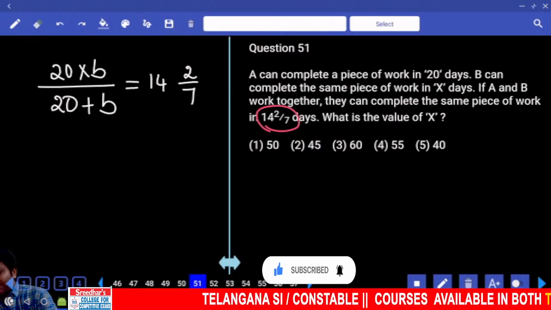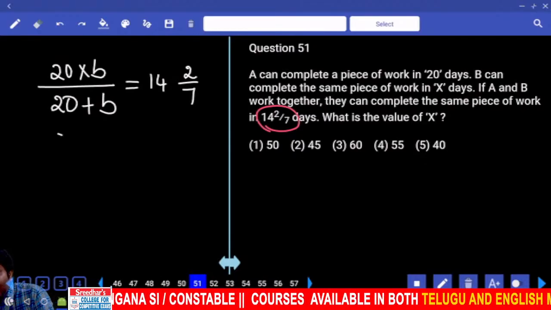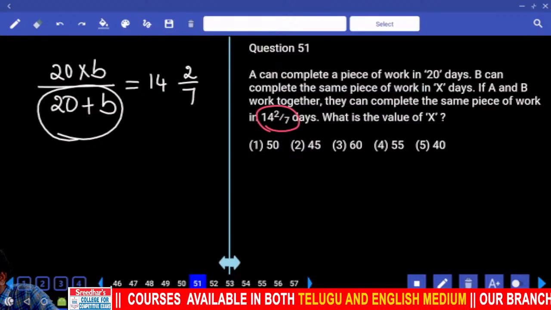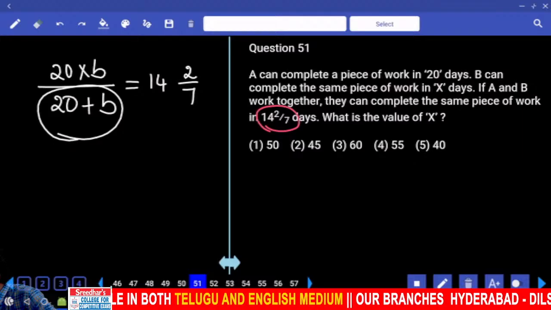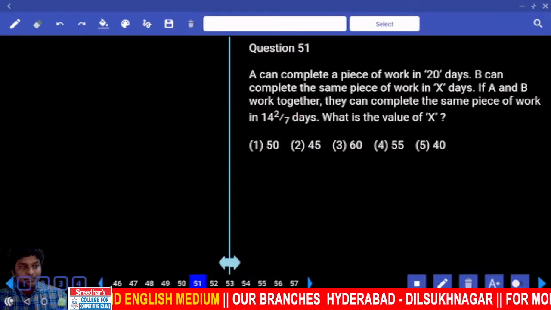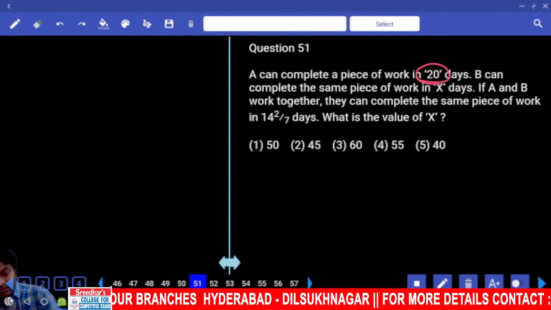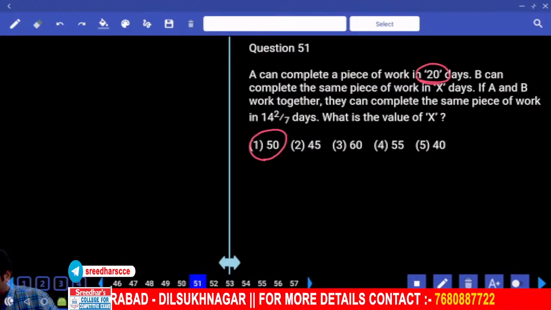But my point is, on the right hand side, what is your denominator? Then the left hand side denominator must be either 7 or a multiple of 7. So B value plus A value should be a multiple of 7. Agreed or not? What is the A value? When you add B, it should be a multiple of 7, so 20 plus 50 can be your answer.